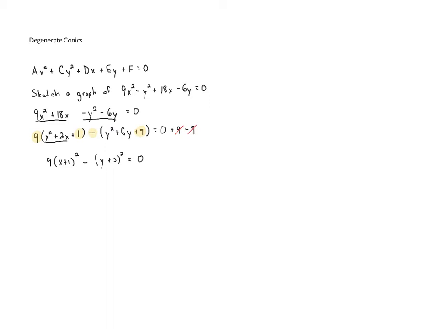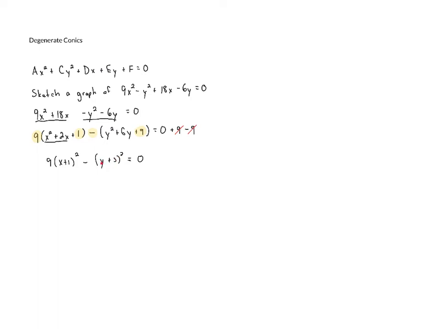But we can't do that here because there's no constant term at all. So this is what we mean by a degenerate conic. It's not quite fulfilling all of the requirements. We do have the x squared and y squared terms, but we don't have a constant term, so we can't get this into the right form. However, we can still figure out what the graph is going to be. It's just going to require a little bit of creativity.